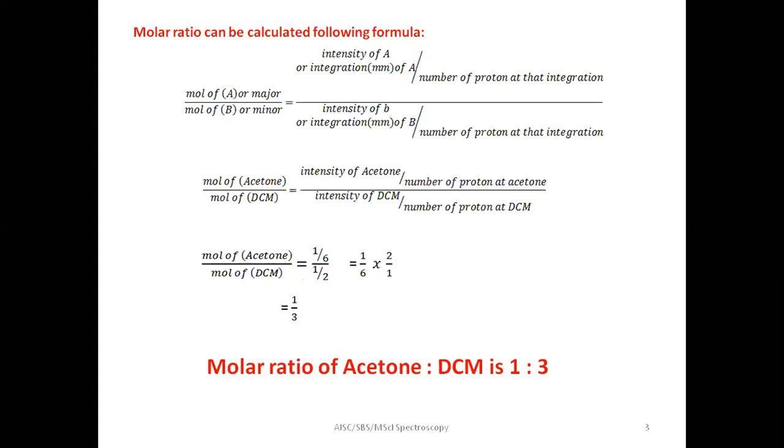If 1 acetone, how many hydrogens? 6 hydrogens. If you take 3 DCM, 3 DCM share 6 hydrogens. So the hydrogens become equal and they show the same intensity. So that is the molar ratio.